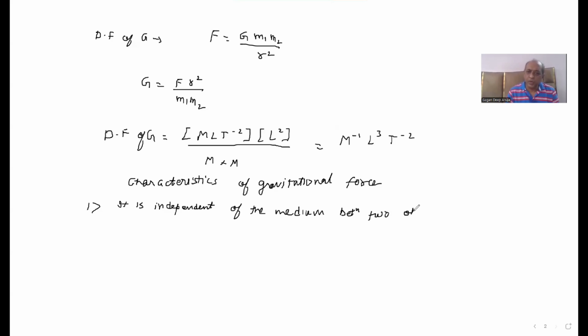So if there are two objects and the force of gravitation between them is F = G M1 M2 / R^2, this force will not be affected if the medium between the two objects is changed. And this gravitational force is independent of the presence or absence of other objects.